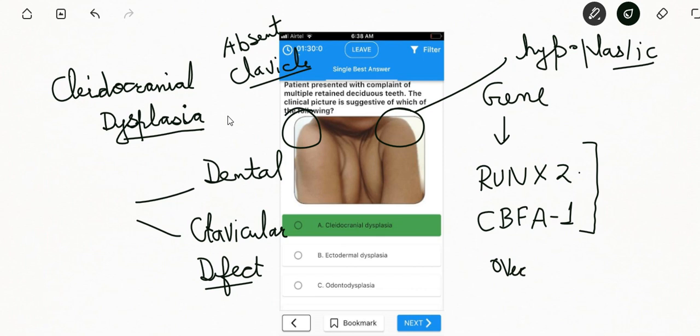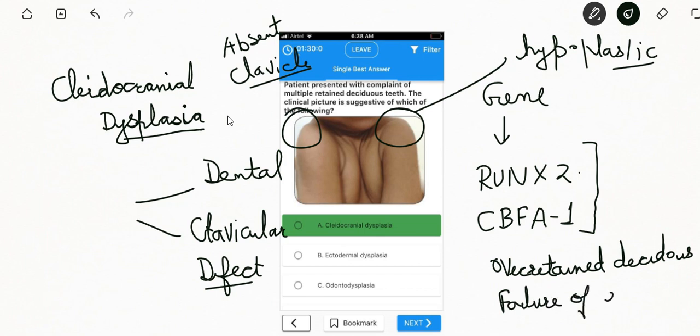The patient often has a narrow, high arch palate, and there is increased prevalence of cleft palate. For the teeth, you will see over-retained deciduous teeth and delay or complete failure of permanent tooth eruption, which are the characteristic features.